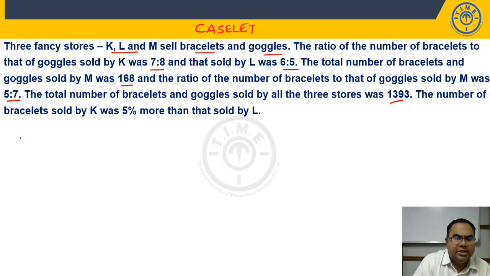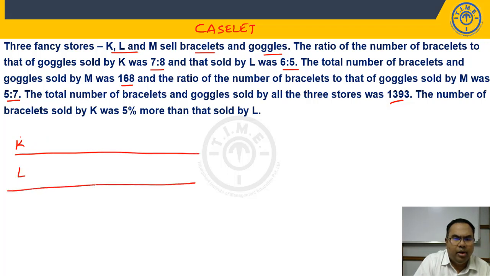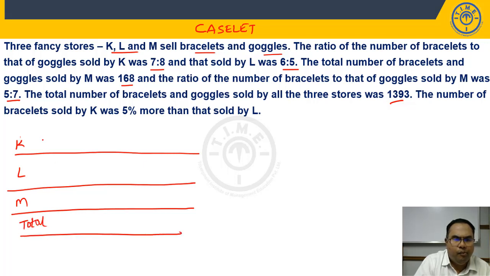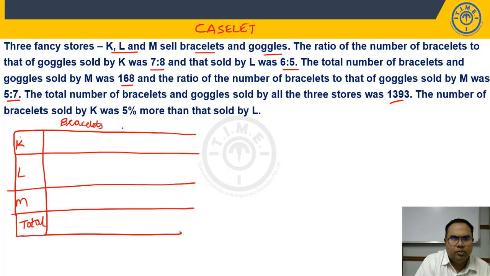Let me put, this is how my table should look like. K, L, M. I'll take total here. We have bracelets, we have goggles.